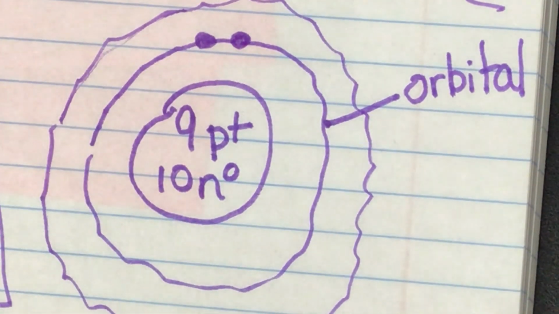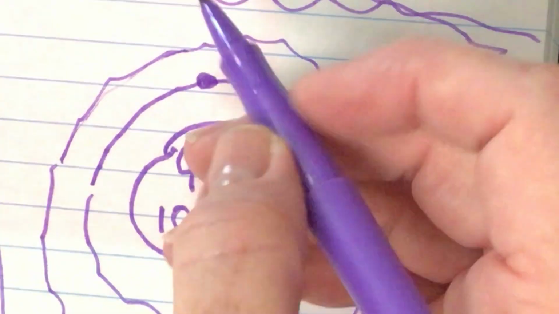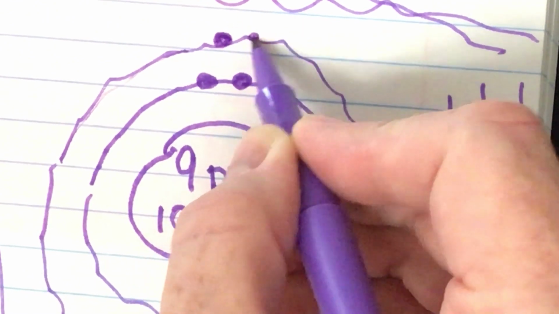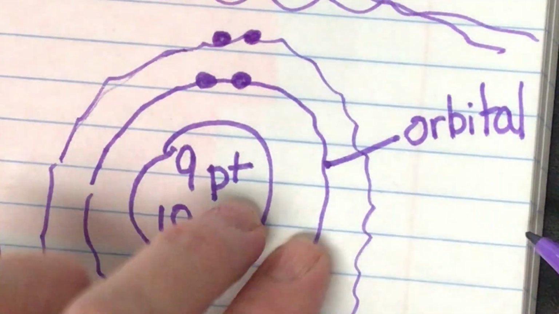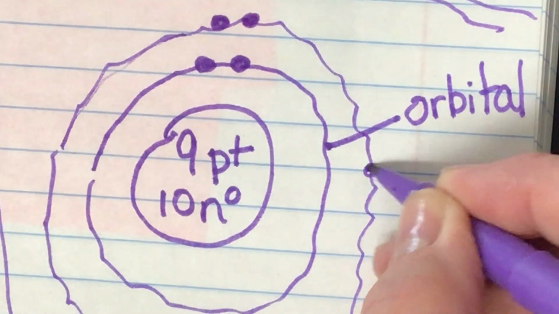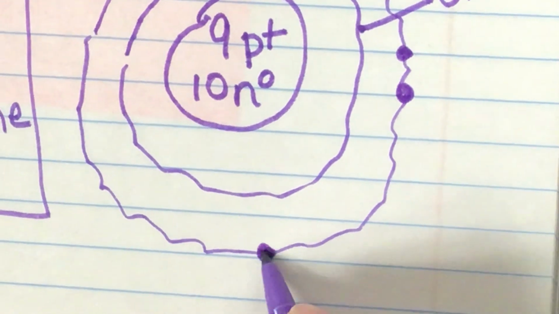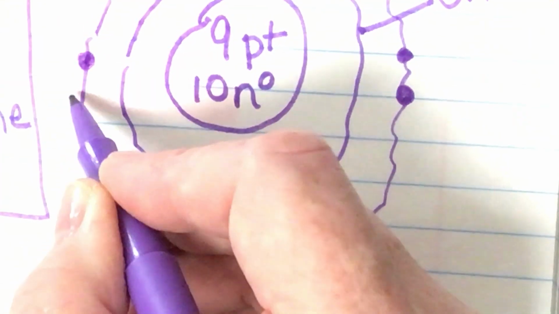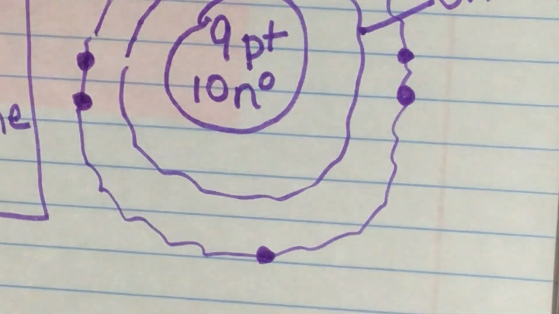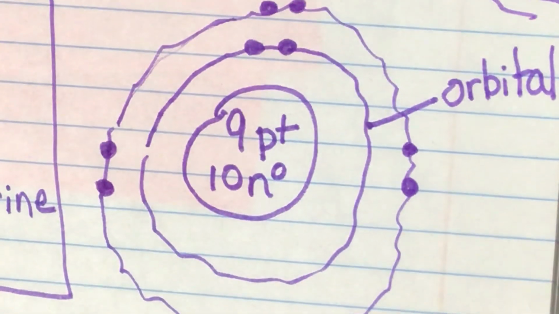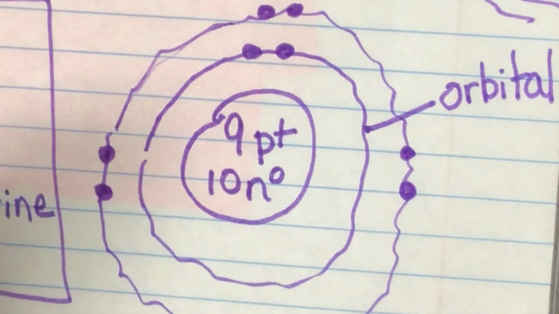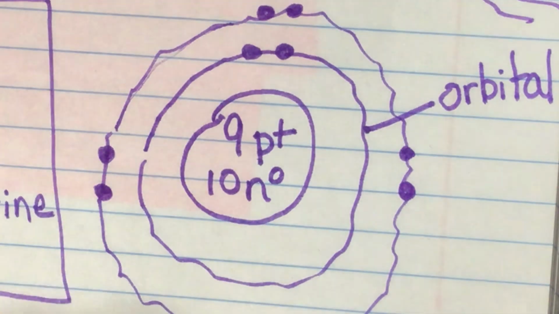All right, I do them in pairs so we count them easier. So we have, that's 2, 4, 5, 6. We need 9, right? 7, 8, 9. Okay. We talked about valence electrons, or the electrons on the outer orbital.